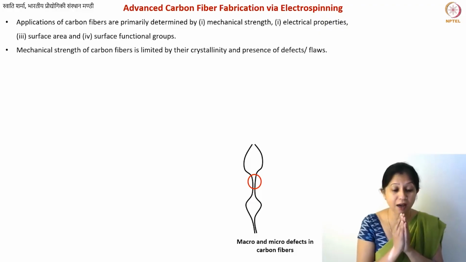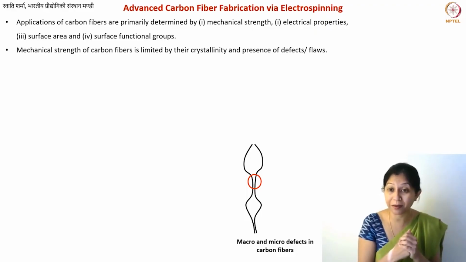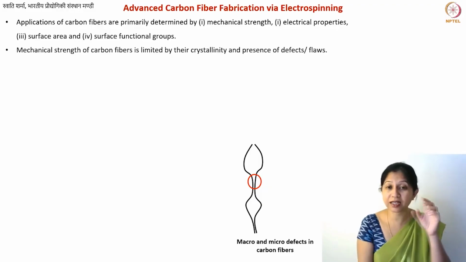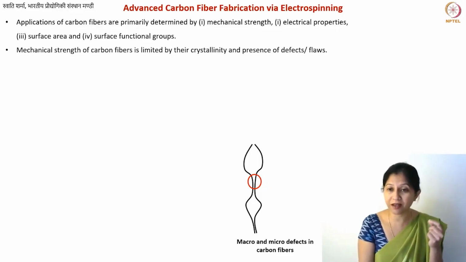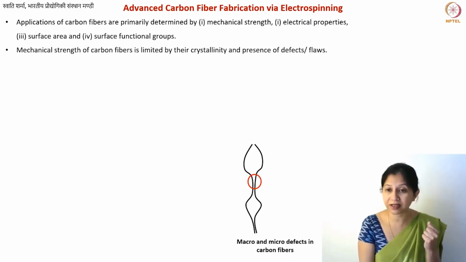You may even have different purity in that bulge if you compare it with the thinner region of the same fiber, because the byproduct annealing patterns are also different there. These kinds of bulges, which you will see very often, especially if you have certain humidity in the chamber, or your solution is not uniform, especially with more viscous solutions, when you are going to higher concentrations of PAN, you will see a lot, and these are macro defects.